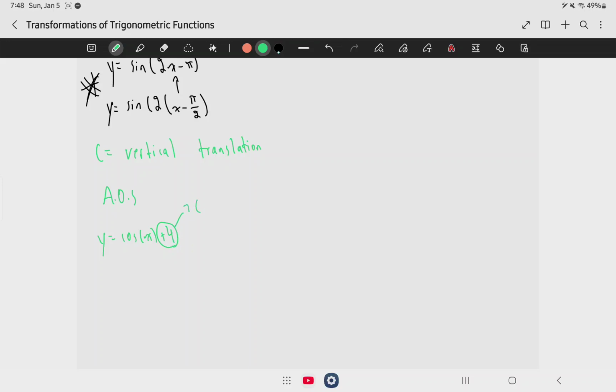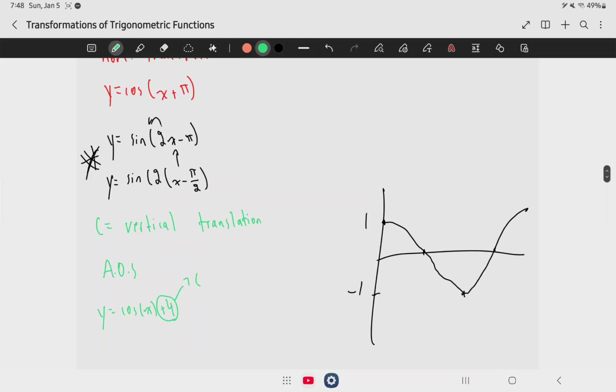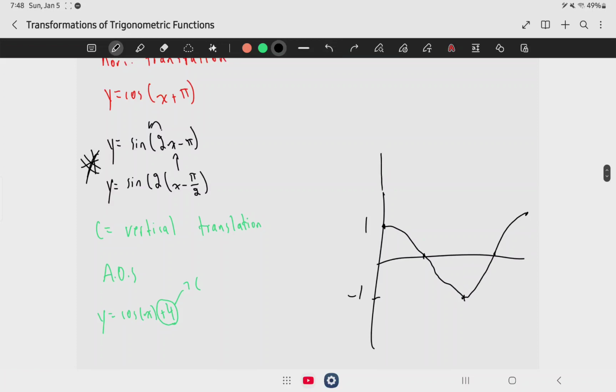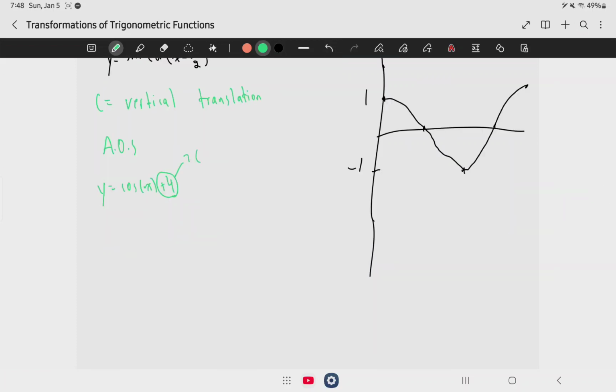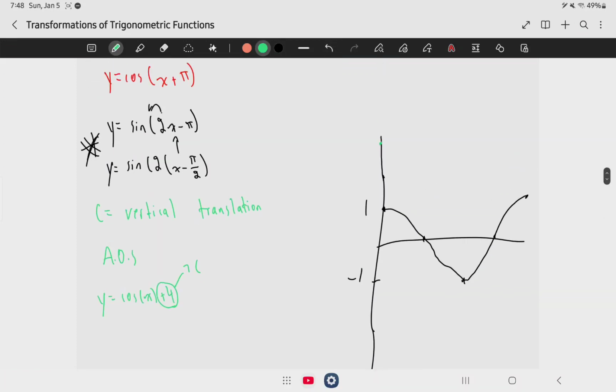And if we were to graph, so let's do our basic cos function. So this is the base cos function. Let's say 1, -1. If we have a plus 4, then that means every point will shift up by 4. So let me just fix that. So we'll have 1 will go up by 4, which means the highest point will be 5.